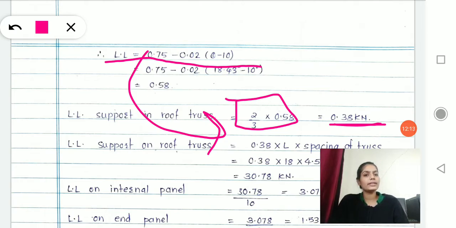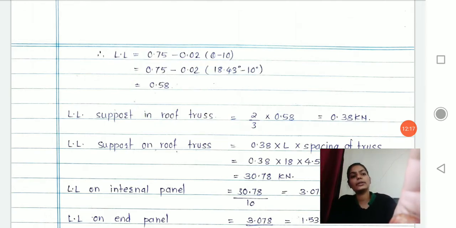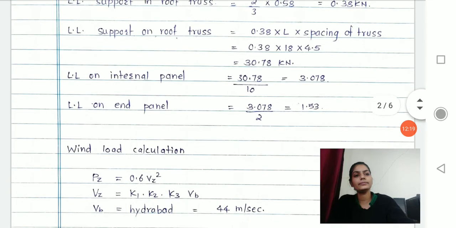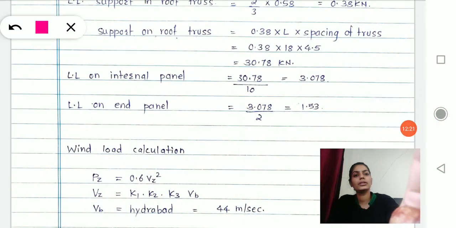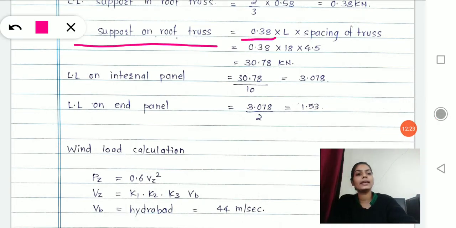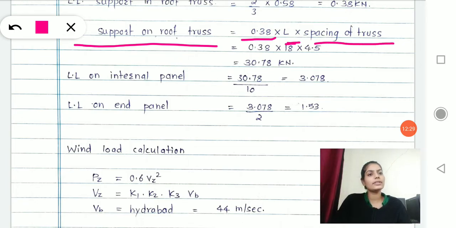Once you calculate that load, next is calculating it for the panel point. Let's see here: 0.38 times length of truss times spacing of truss. The length of the truss is 18 meters, the spacing of the truss is 4.5, and this is the support on a roof truss.